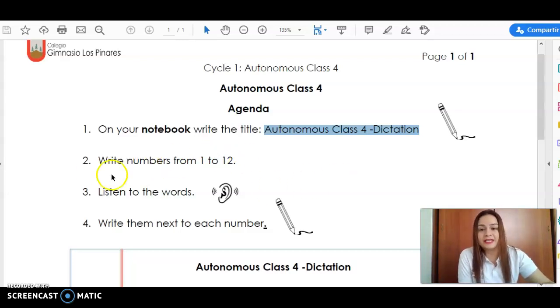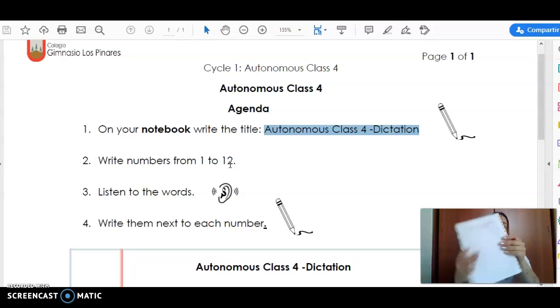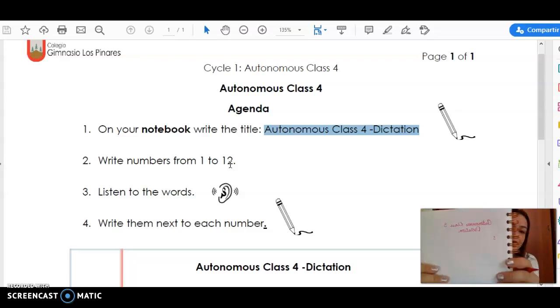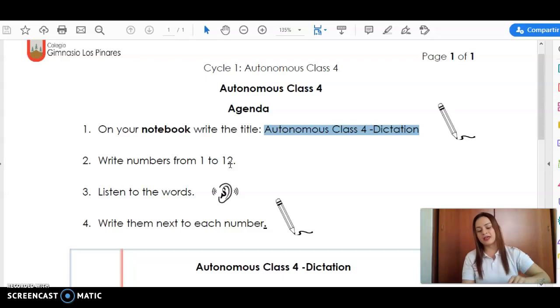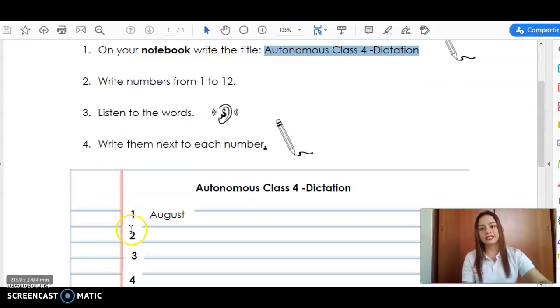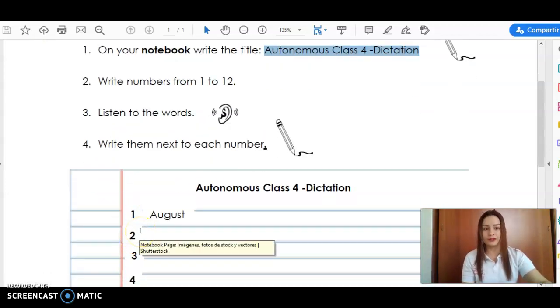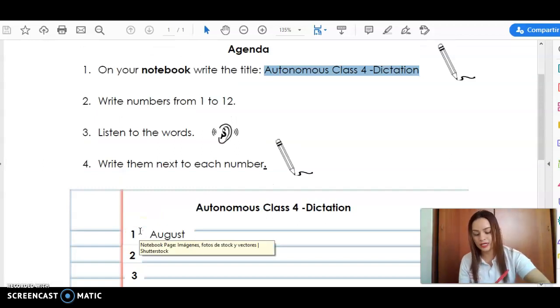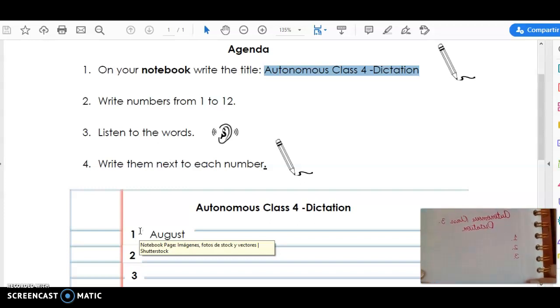Then the point number 2 is to write the numbers from 1 to 12. So, with red pencil again, we are going to write the first number and then, in the other line, we're going to write the number 2, the number 3, look.